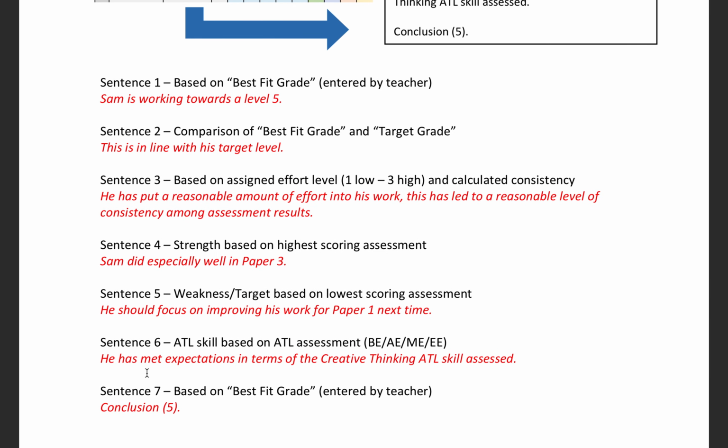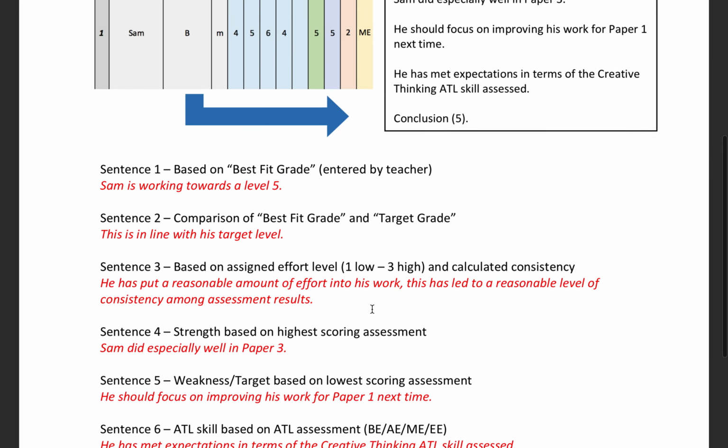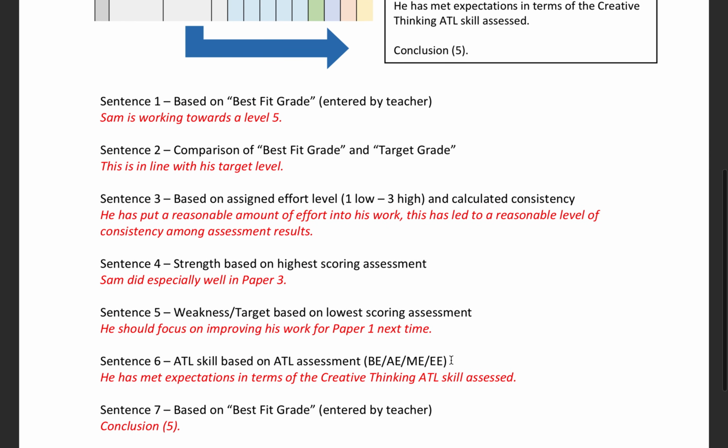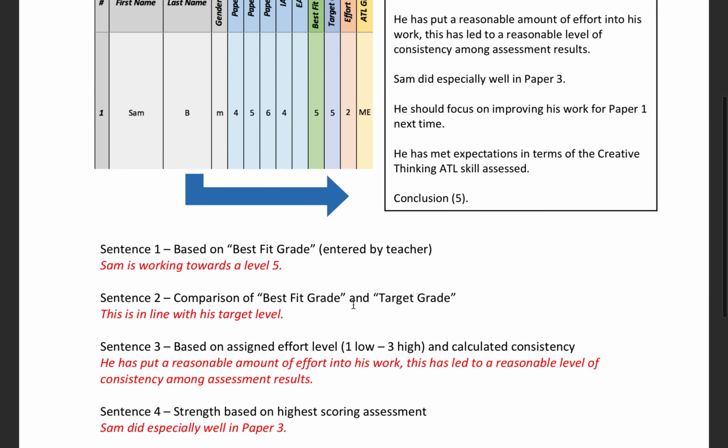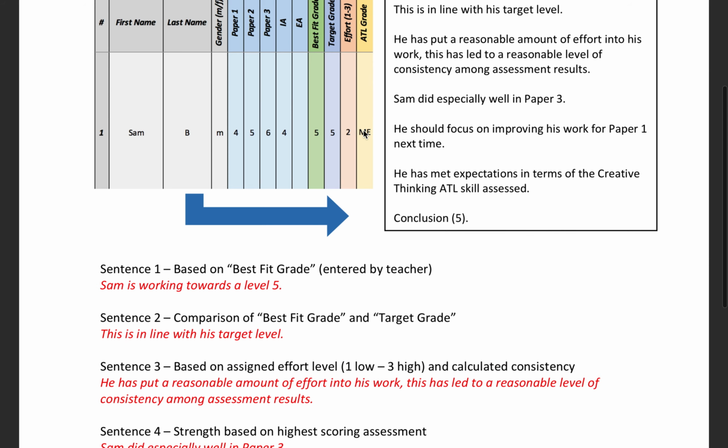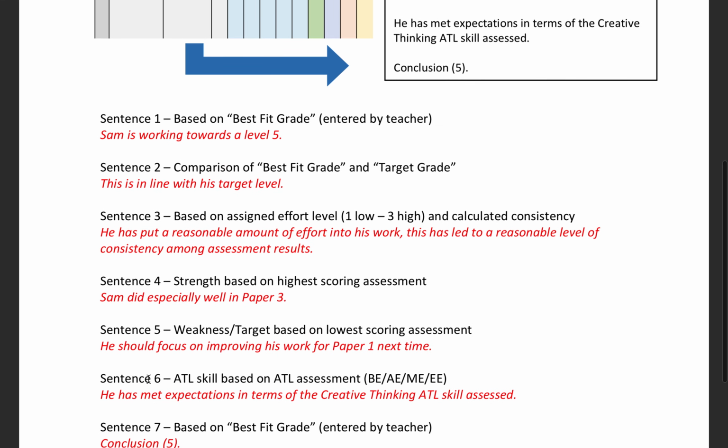Sentence 6 is the ATL assessment. So all this is you type in either below expectations, approaching expectations, meeting expectations, or exceeding expectations in this form. So just the abbreviated version into this column. So he's met expectations here, and what it said is he has met expectations in terms of the creative thinking ATL skill assessed.